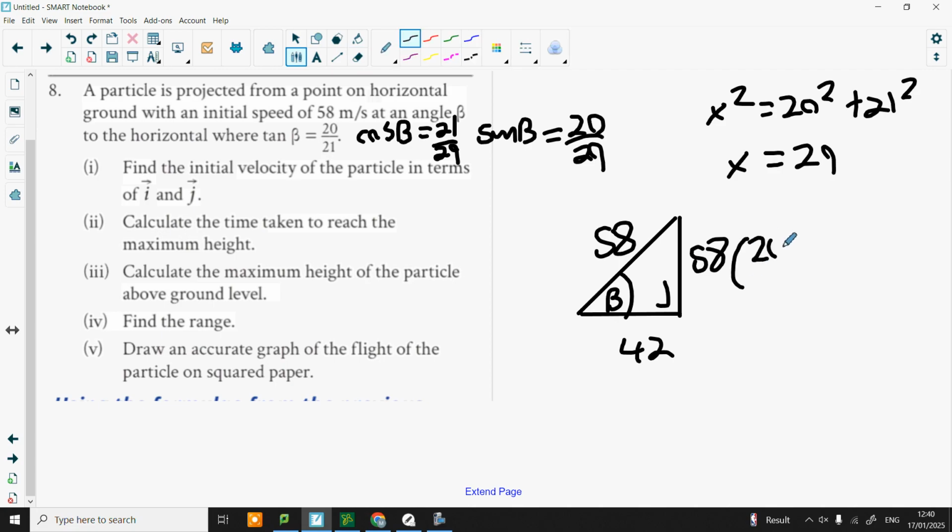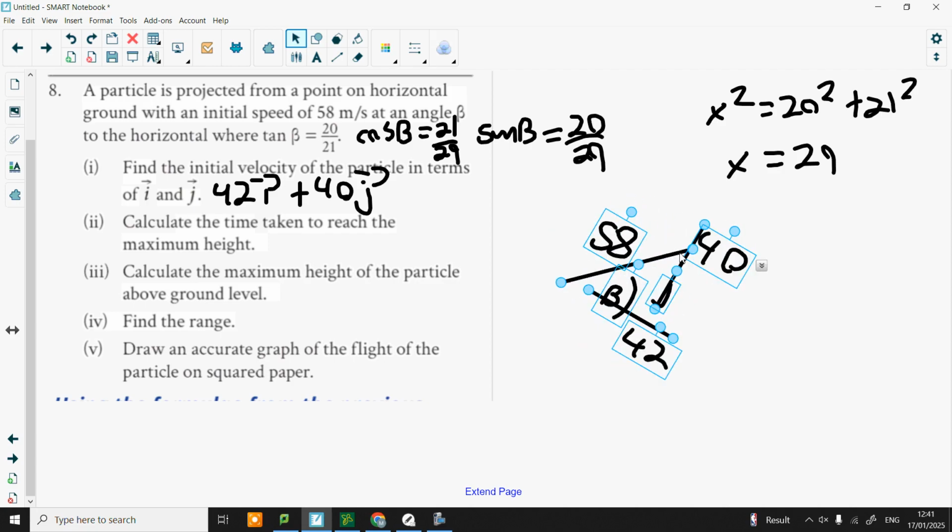Huh? 40. Okay. Now, here's where this comes in, all right? What you know is that your initial velocity is 42I plus 40J. We all good with that? 42I plus 40J? Okay. Next thing.